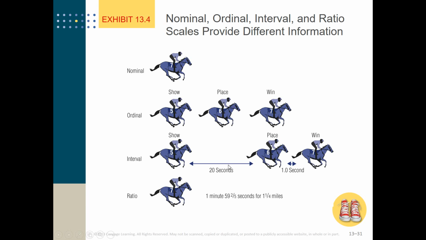They are used for identification. They show a ranking, but now the distances are captured by this scale. So this is interval. And last of all, it provides, for example, 1 minute 59 seconds for 4 miles, the distance it covered. So it is ratio scale because it has some absolute meaning now.